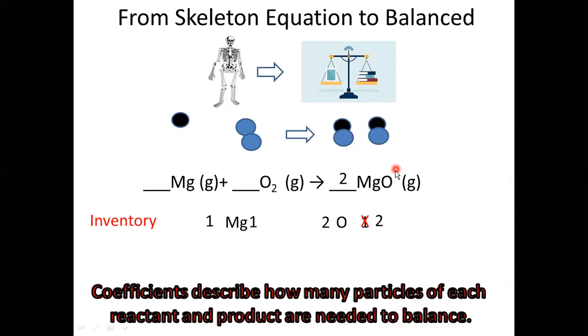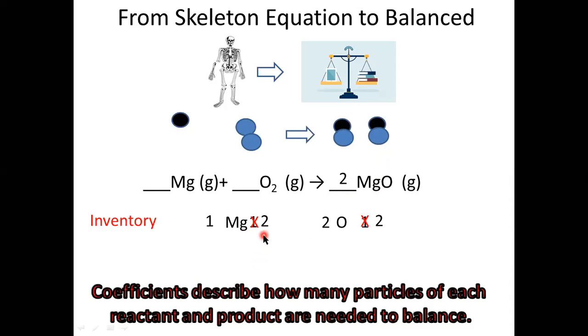But notice what we've done is we've created an additional MgO, or an additional formula unit of magnesium oxide. That also multiplied the amount of Mg, because the particle comes in this package, 1 Mg and 1 O joined together. So now we look over and take notice that we've changed the inventory for magnesium on the product side.